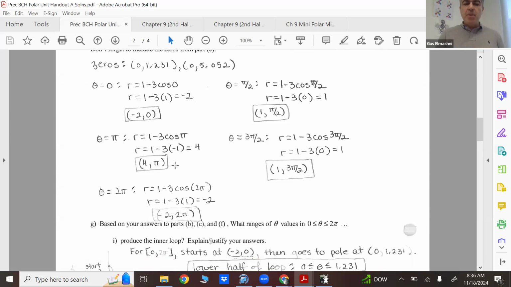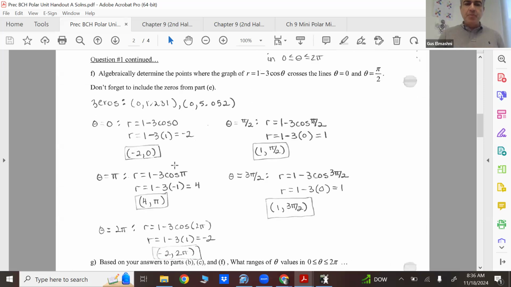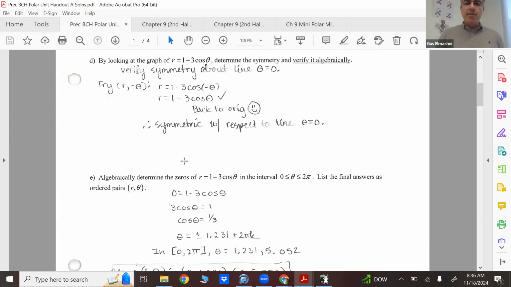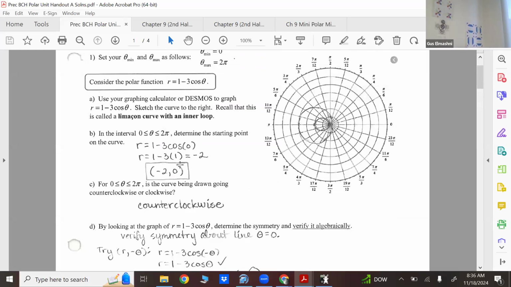Now this we have to be a little mindful about. This is a little tricky. When theta equals 0, think about it as the horizontal axis. But what other angle will we use to be on this horizontal? Besides theta being 0, we also use theta equals pi. So you got to plug in pi as well.